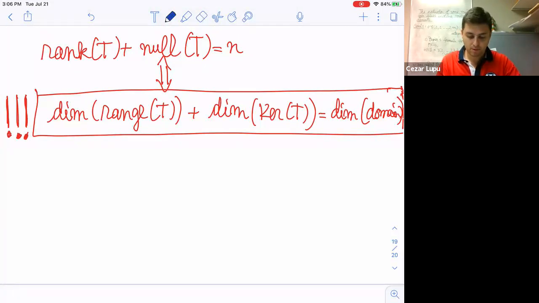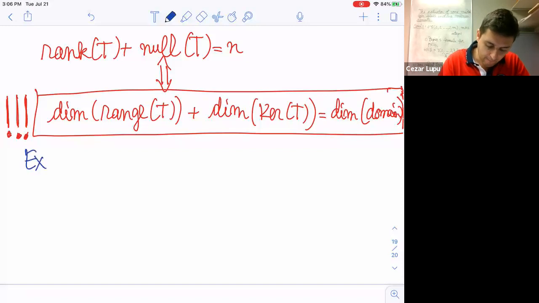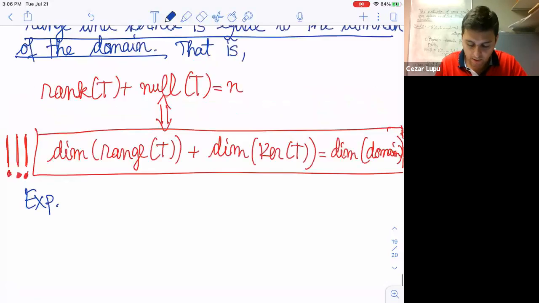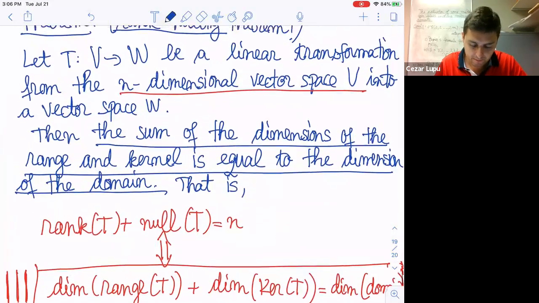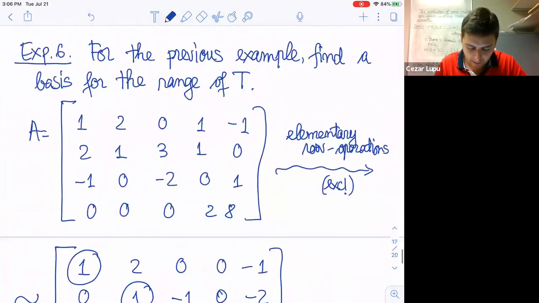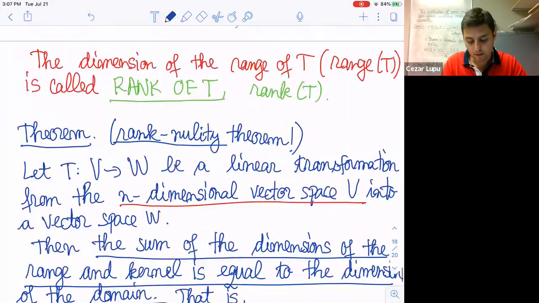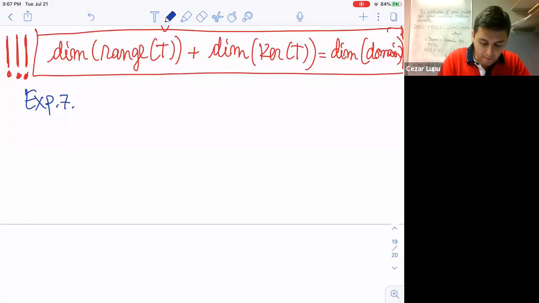So example number, I don't even know, I forgot. What number was it? I'm bad with keeping the numbers of the examples.